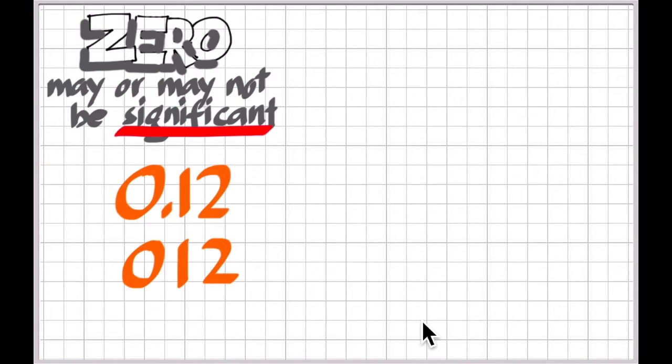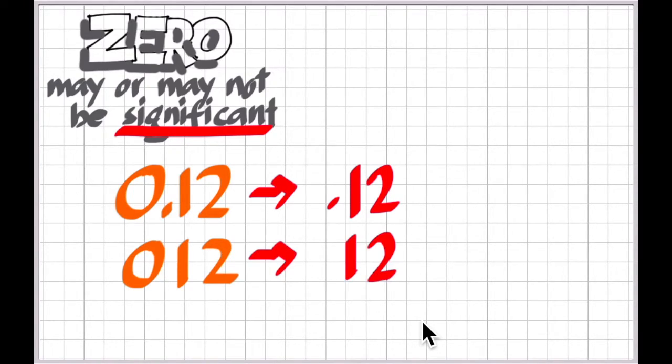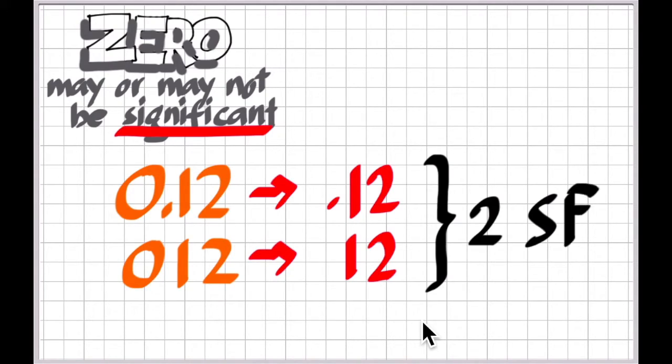You see that? Obviously, these zeros are not significant. I know that you guys even write .12 instead of 0.12, and this 0.012 here is just being written as 12. These kinds of zeros are not significant, meaning that in these two examples, we both have two significant figures only.